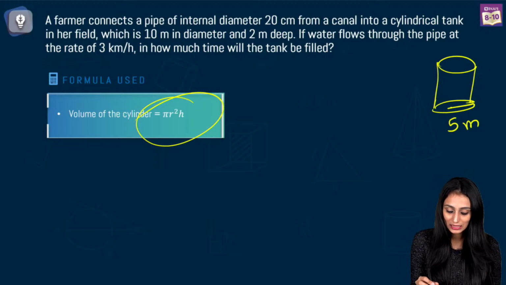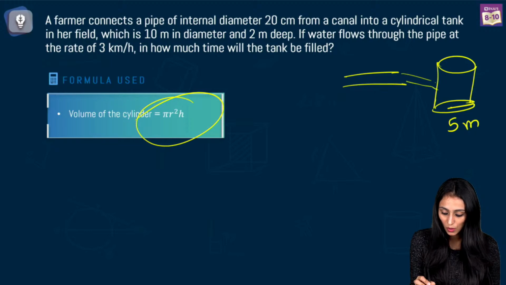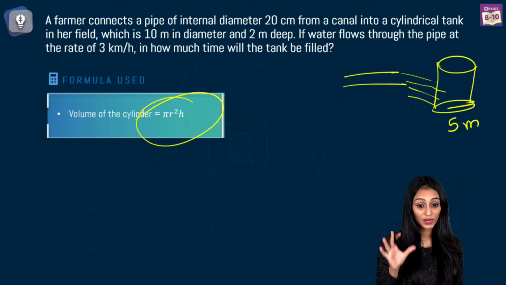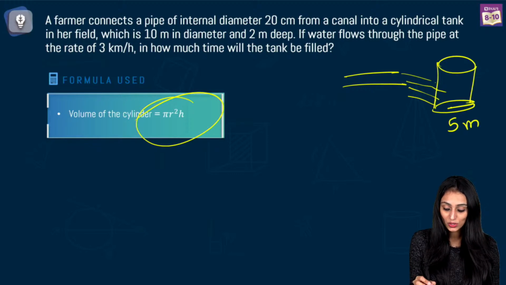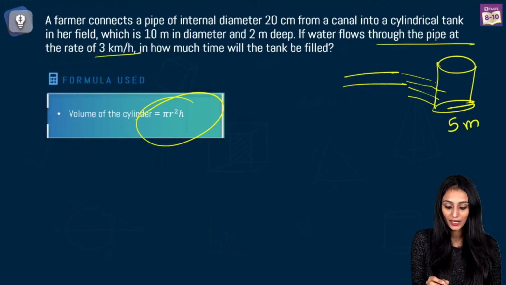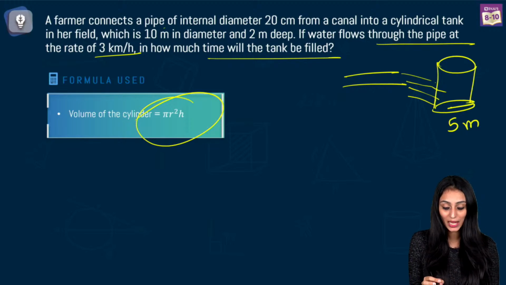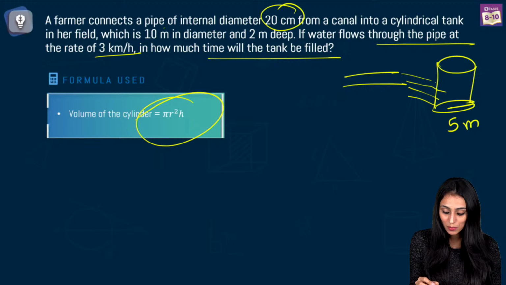So he has connected a pipe, and water is going here. Sorry for my drawing. The question says water flows through the pipe at the rate of 3 km per hour. In how much time will the tank be filled? The pipe has an internal diameter of 20 centimeter.